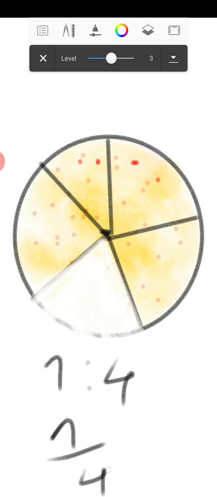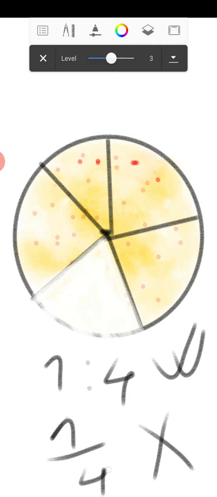So in this case, the answer for the ratio, that is 1 colon 4, is the correct one. But in case of fraction, that is 1 over 4, that is incorrect. Because when we first ordered the pizza, it didn't come with its pieces exactly divided into equal parts of the same size.